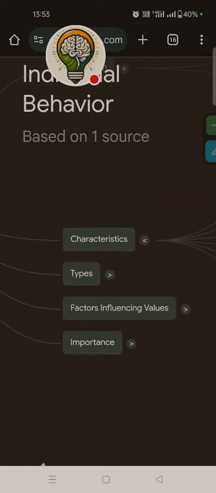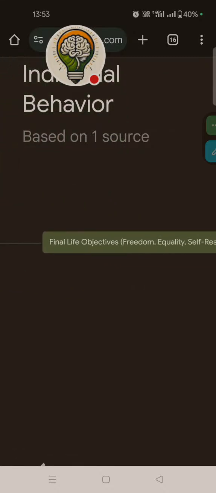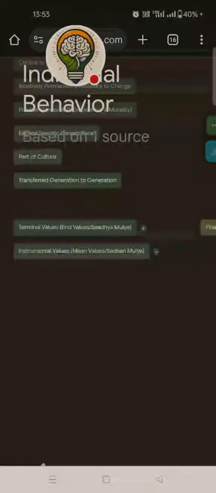Then comes the types of value. The types of value are terminal value, the end value, meaning the end goal, like freedom, equality, and justice, and instrumental values like politeness, loving, obedient, and responsible.